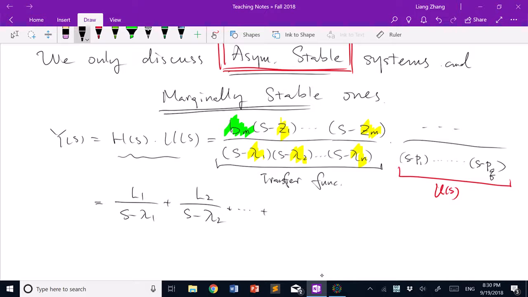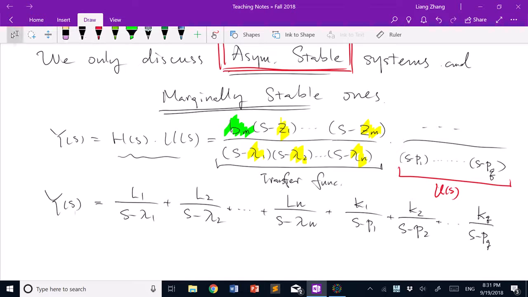There will be a total of n of them. And all these L's can be obtained, for instance, using the cover-up method, if there are no repeated roots. And also, since you have these s minus p1, p2 terms, there will be other terms involved that correspond to the poles of your input signal, like this. Now this is the partial fraction expansion of Y(s).